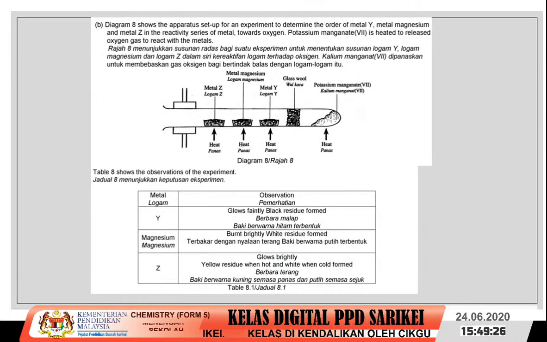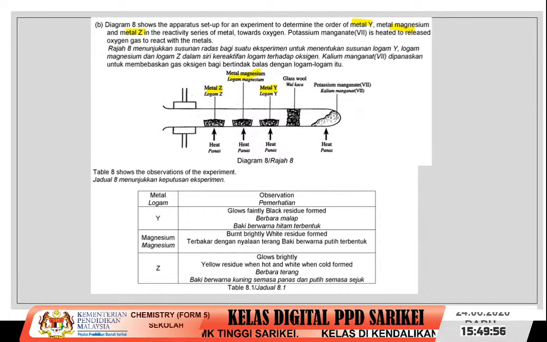Question B. Diagram H shows the apparatus set out for an experiment to determine the order of metal X, metal Y, magnesium, and metal Z in the reactivity series of metals toward oxygen. So look at the diagram. We have metal Z here, metal Y, and magnesium in this combustion tube.